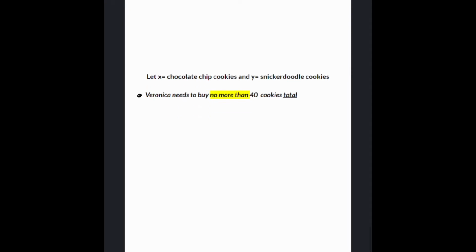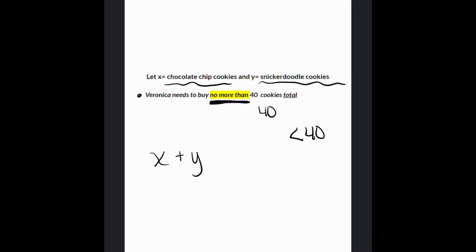Okay, let's go ahead and go over the answer for this one. So for no more than 40, if I want no more than 40 cookies, that means I want less than 40. If X is my chocolate chip and Y is my snickerdoodle, that would be the chocolate chip cookies plus the snickerdoodle cookies are less than 40.